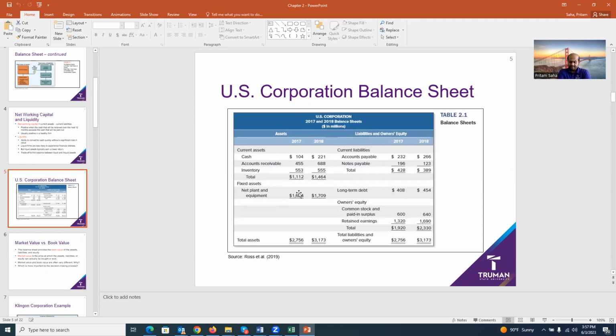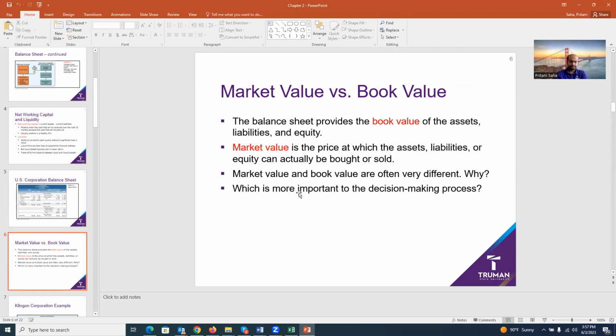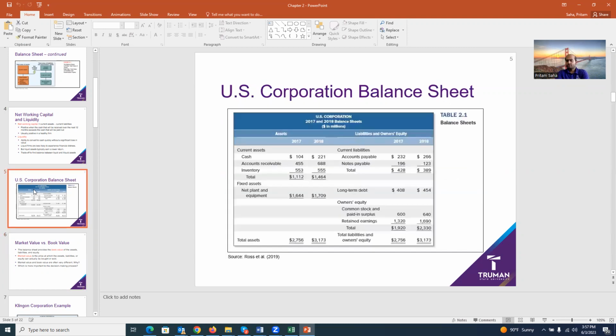Depreciation means, let's say we buy an asset for 10 years. We will use the asset for 10 years, right? That means each year there is some wear and tear, some loss in value because of the usage. That loss due to usage is known as depreciation.